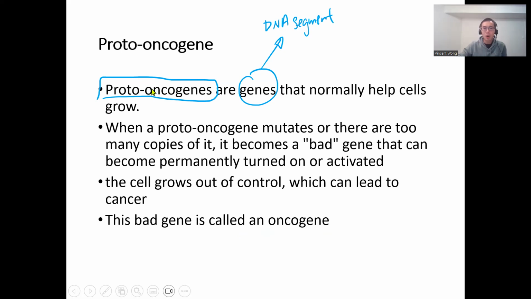So proto-oncogenes, that's the normal version. Everybody has that. It helps our cells grow and divide, and we need that. But when it turns bad, then it becomes an oncogene. Then it's always green light 24/7. Then the cell will keep on dividing and does not know how to stop. Any questions?